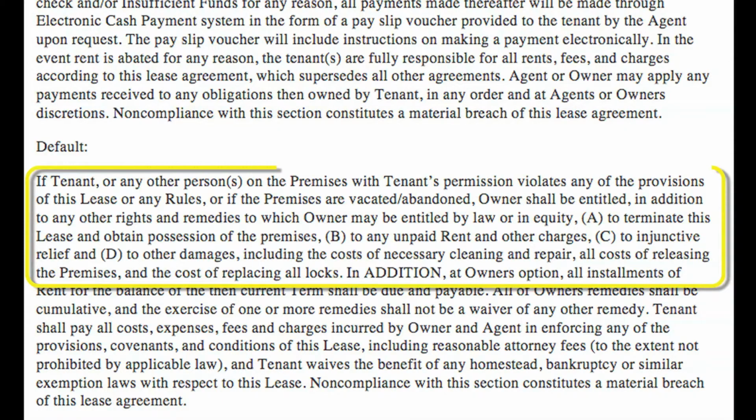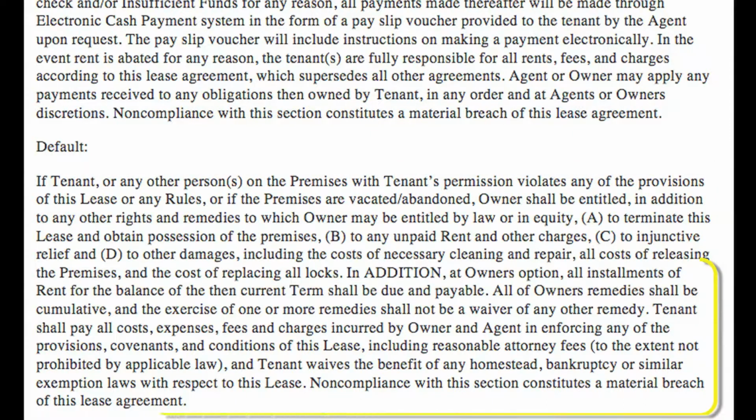Default. If tenant or any other persons on the premises with tenant's permission violates any of the provisions of this lease or any rules, or if the premises are vacated or abandoned, owner shall be entitled, in addition to any other rights and remedies to which owner may be entitled by law or in equity, to terminate this lease and obtain possession of the premises, to any unpaid rent and other charges, to injunctive relief, and to other damages including the cost of necessary cleaning and repair, all cost of the releasing of the premises, and the cost of replacing all locks.